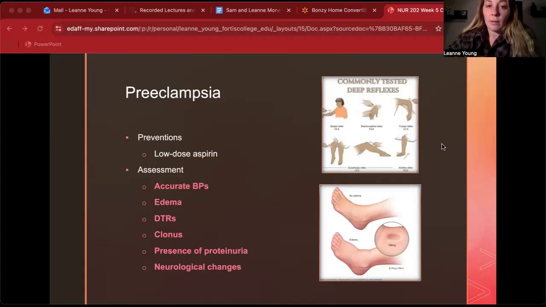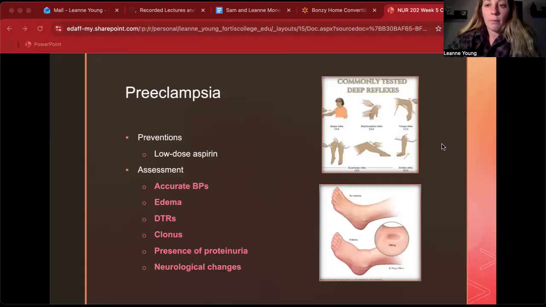It may have been developed for a while, or if it's new onset, that would also be startling and something we would need to look into. Their deep tendon reflexes, we need to assess those because they typically are hyperreflexic with preeclampsia. Clonus, we need to be assessing for presence of clonus or absence of clonus.